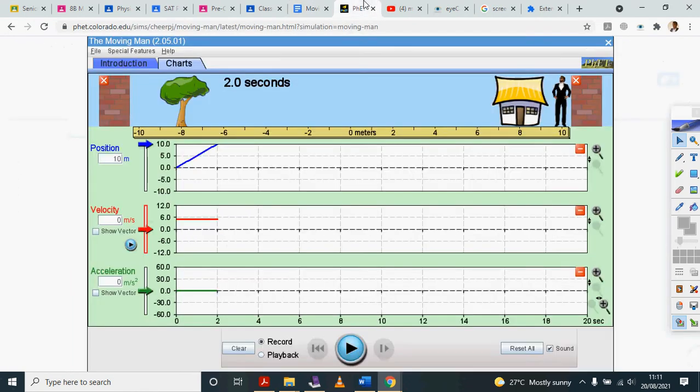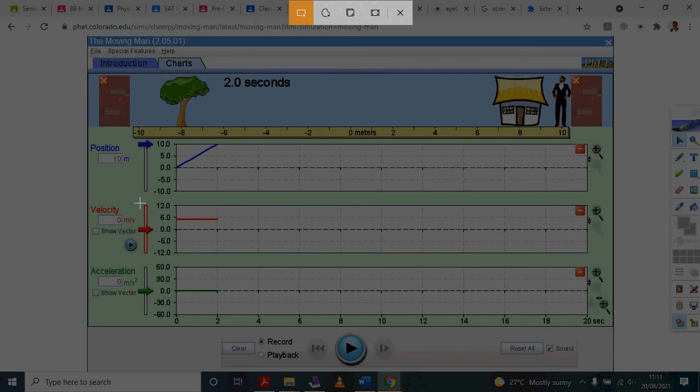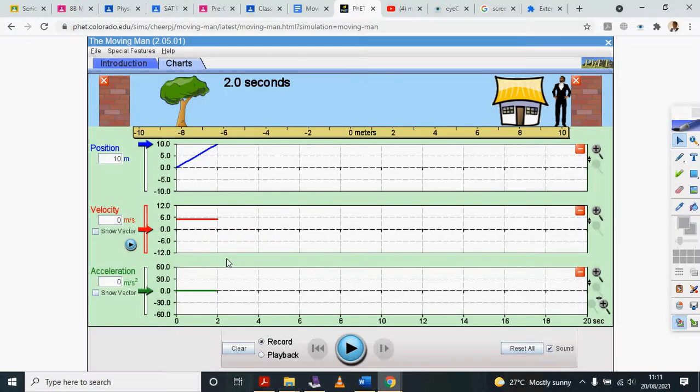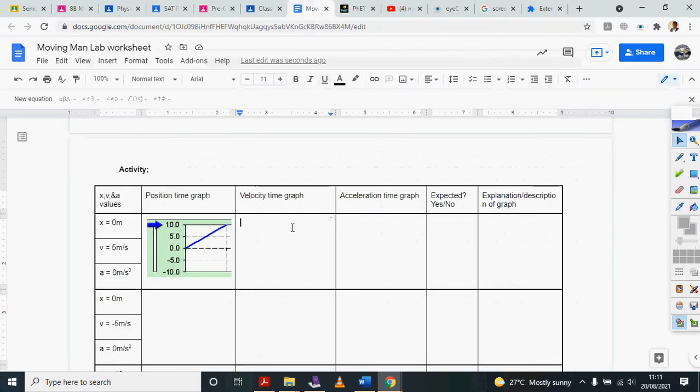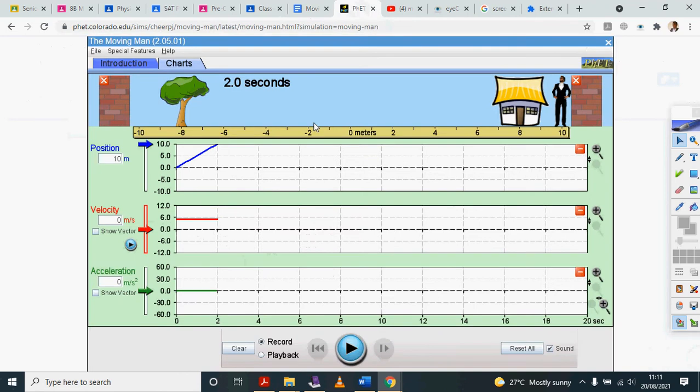For the velocity time graph, again, Windows, Shift S. You can't see me doing it, but I promise you that's what I'm doing. Velocity time graph, small piece there, it's already copied automatically, and then paste. Acceleration time graph, Windows, Shift S.